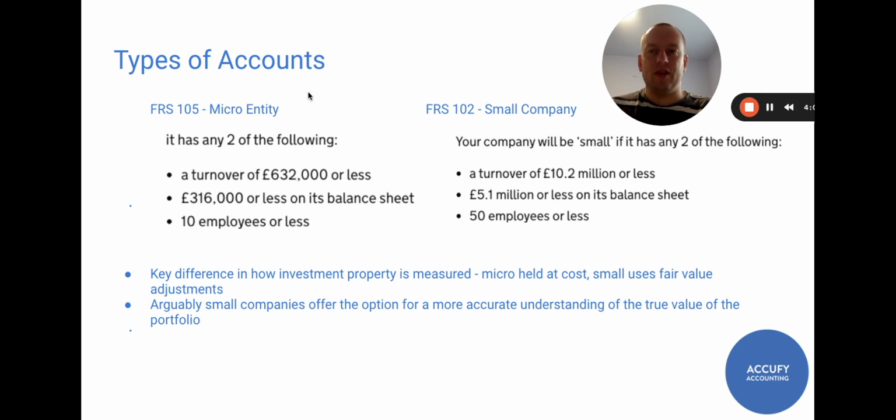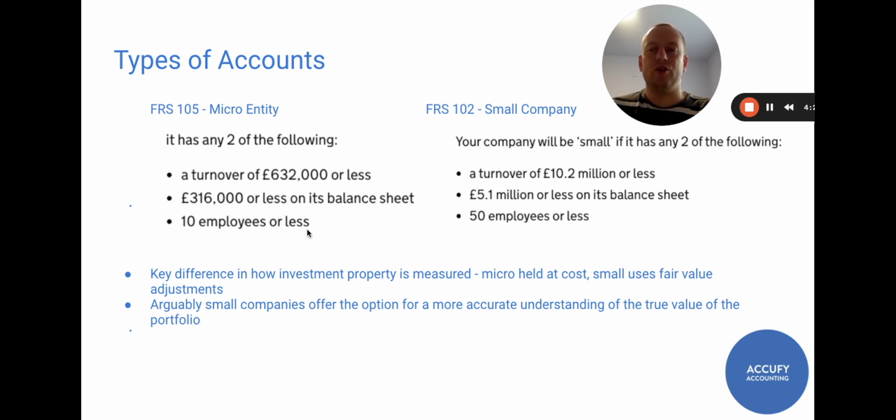So the first one I'll cover is FRS 105, which is the reporting standard for microentities. To be classed as a microentity, you have to meet two of the following characteristics: a turnover of £632,000 or less, £316,000 or less on your balance sheet, and 10 employees or less.